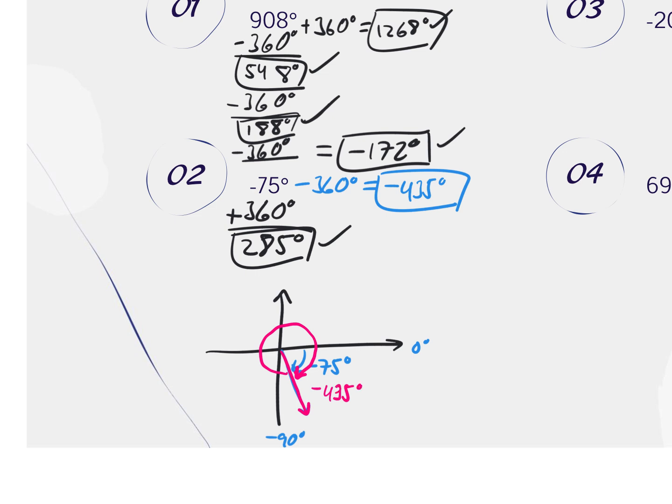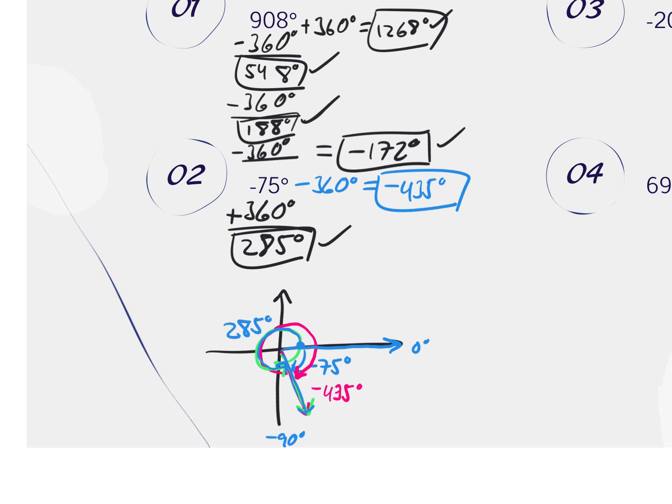And then from this terminal side again, I can now go forward, in the positive direction. And that gets us, even though we went forwards 360 degrees, but this was our initial side. This is always going to be our initial side. So starting from here, going all the way around, you still end up at the same spot, and that's going to get you that 285.